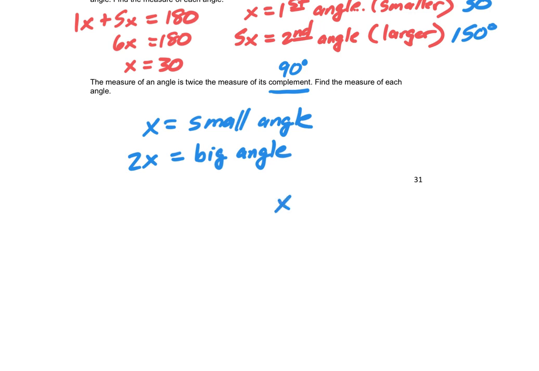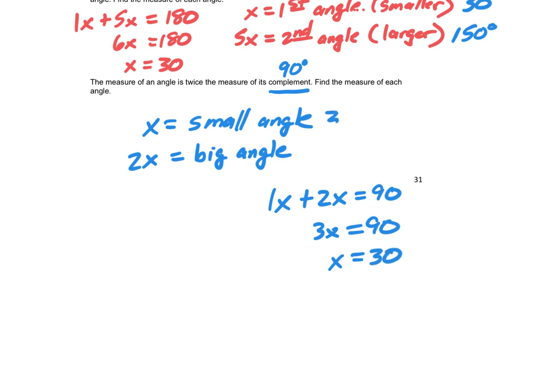So we're going to do x plus 2x equals 90. So this would become 3x divided by 3. So my small angle would be 30. My big angle would be 60. Do these two together add up to be 90? There we go. Everything looks good.